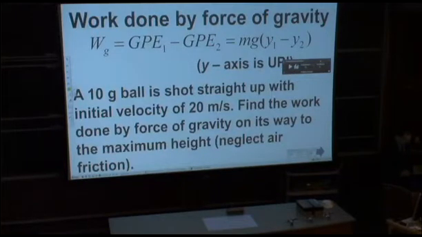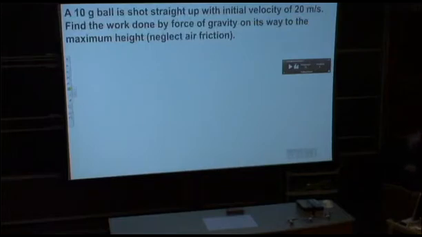Well, finally, first problem to solve. So what's happening? We shoot a ball. We have solved this problem before. So we know that eventually it stops. That's what we call the point of return.